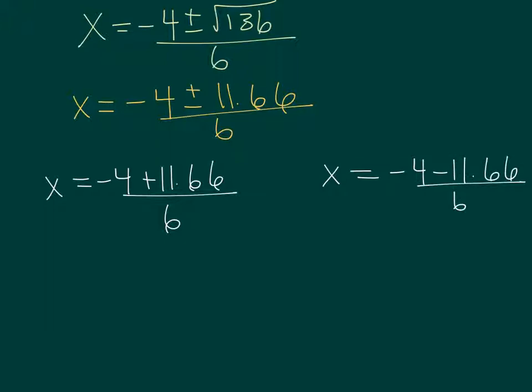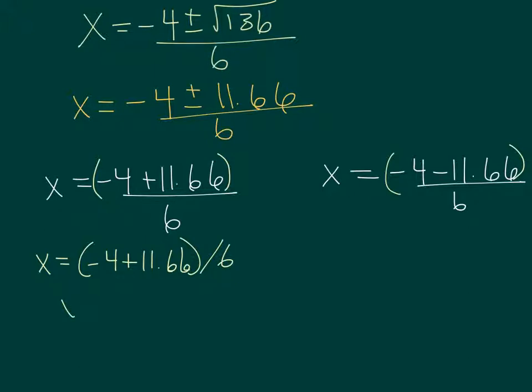All right. So now it's a calculator thing. Now, remember, if you're typing this into the calculator, it will go in the order you put it in there. So I highly recommend you put parentheses around this if you're going to try to do it at the same time. So you would type in x equals parentheses negative 4 plus 11.66 divided by 6.